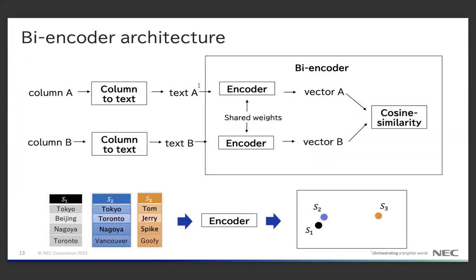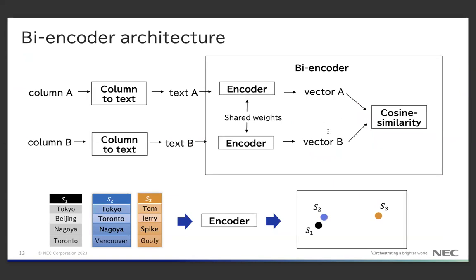And for the architecture of the DeepJoin model, it's just a bi-encoder architecture. We have 2 texts and we input them into 2 encoders, but in our setting, we share the weights of these 2 encoders.